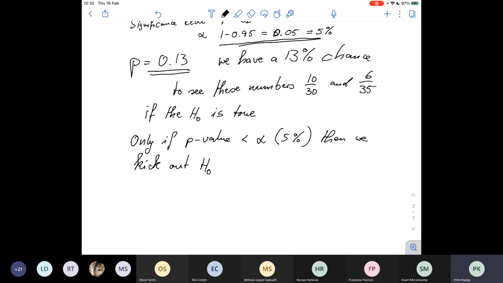In our case, 13% is larger than 5%. So therefore, we say, no, our null hypothesis can stay. If P is low, H naught must go. If P is high, H naught can stay.